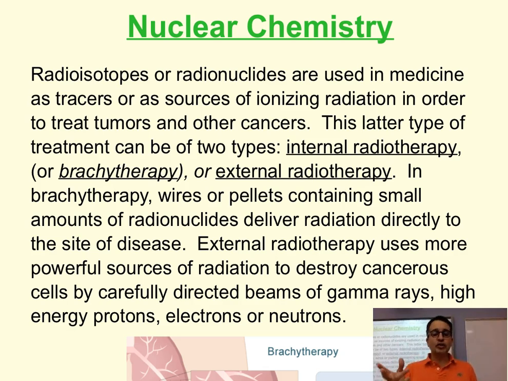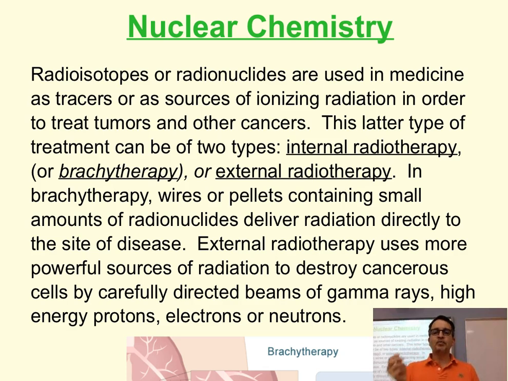It may allow us to image the brain or inside the skull, which is much more difficult to see given the thickness of the bone. Or we can use them to actually treat tumors and other types of cancer, because their ionizing radiation can damage cells.